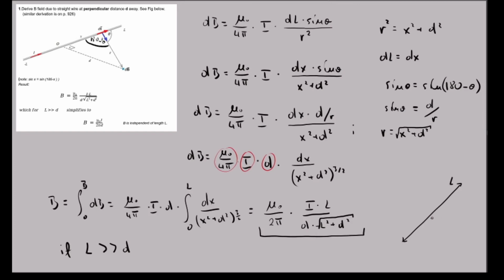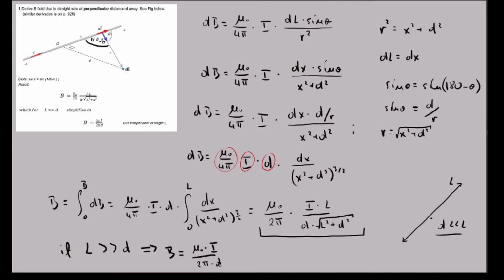Ooh, that's going to be tough to draw, but there's d there, since d is a lot smaller than L. If that's the case, then you can play around with this equation a little, and you can show that the magnetic field is going to be mu naught times I over 2 pi times d.